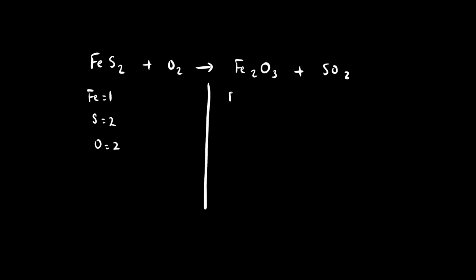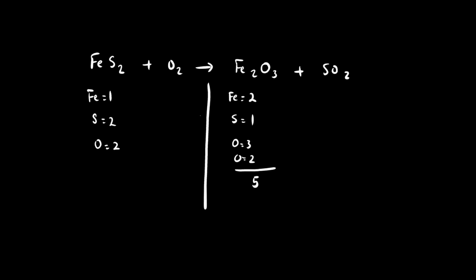On the right hand side, we have 2 iron, 1 sulfur, and a total of 5 oxygen. But let's separate the oxygen. So we have 3 oxygen followed by 2 oxygen to give us a total of 5.